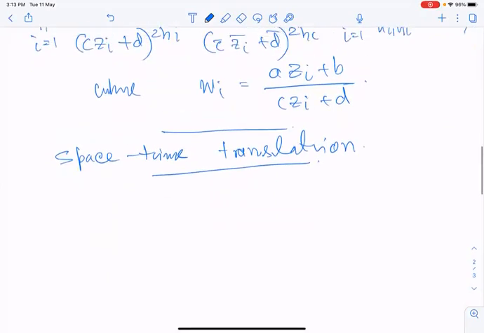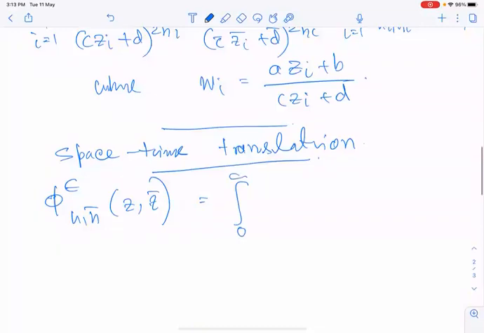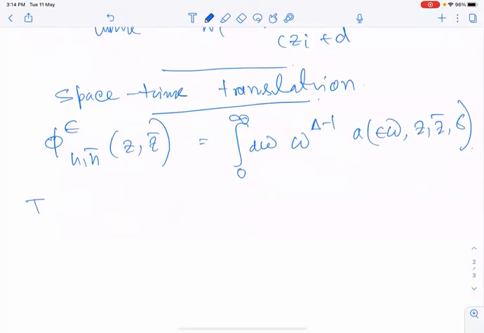Okay, so there are two ways of doing this thing. So first, let me do this thing. So we have these operators, conformal primary. Now we can consider the space-time translation.